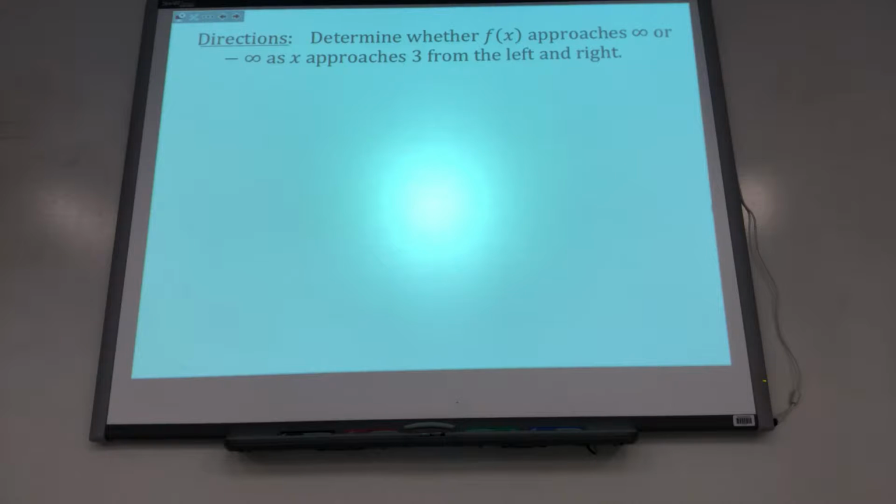This will be the directions for the first 2 problems. And it says, determine whether f of x approaches infinity or negative infinity as x approaches 3 from the left and right.